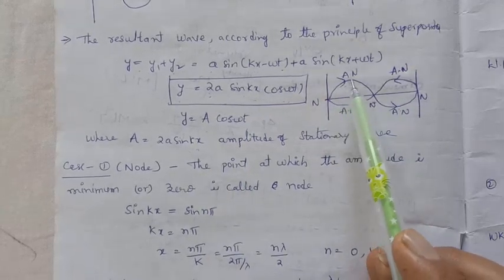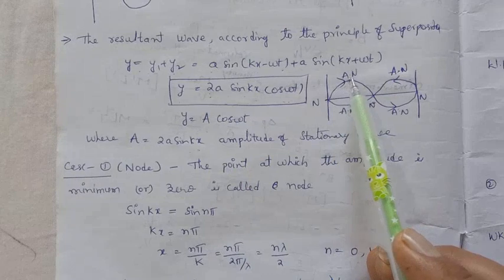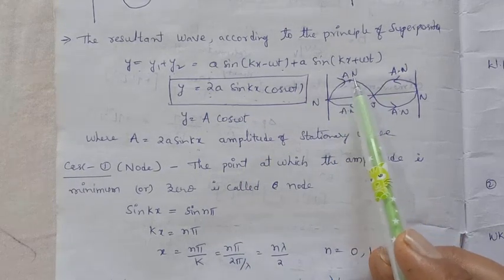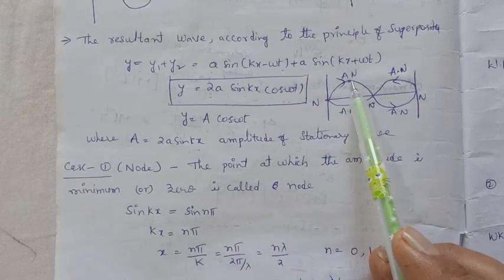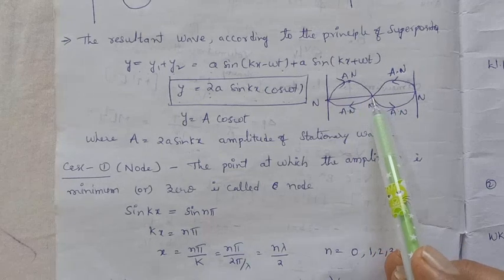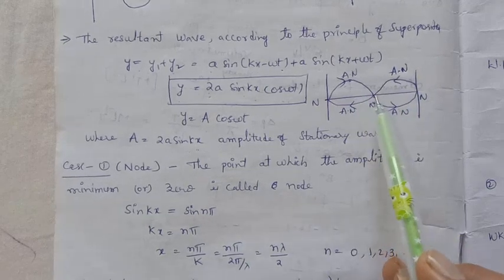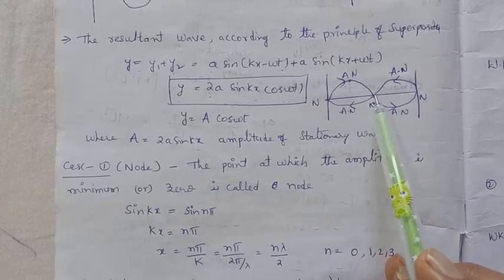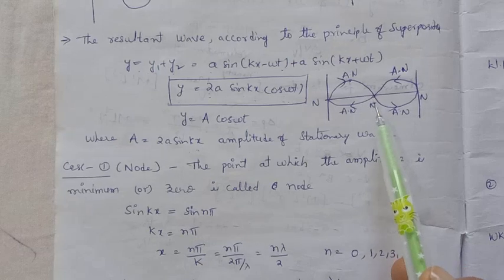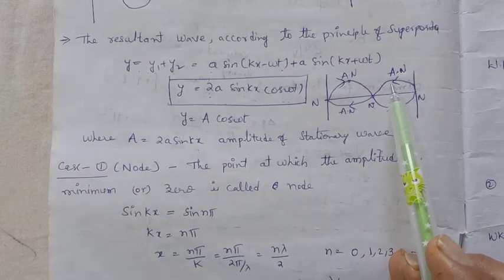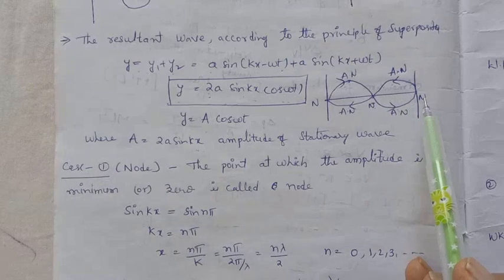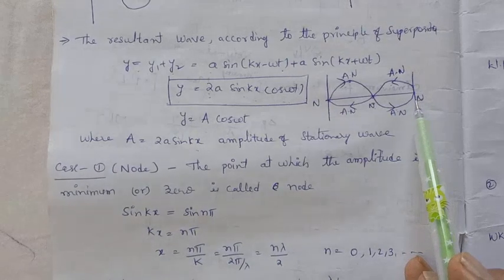The point where the amplitude is maximum is called the antinode. The point where the amplitude is minimum, for this wave and this wave, is called the node, and this point is called the antinode, and this point is called the node.